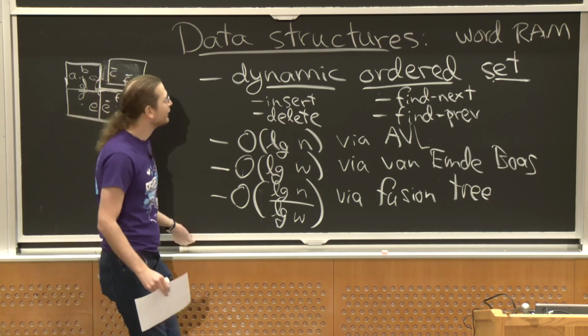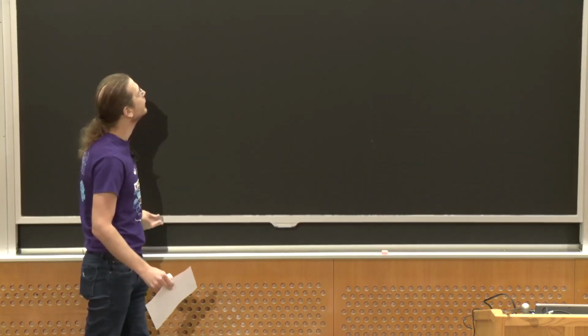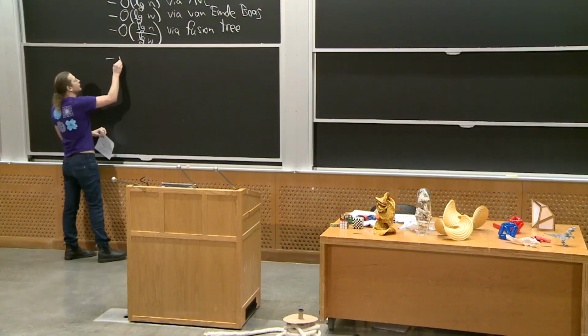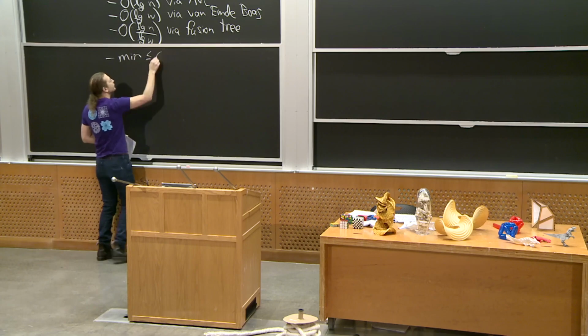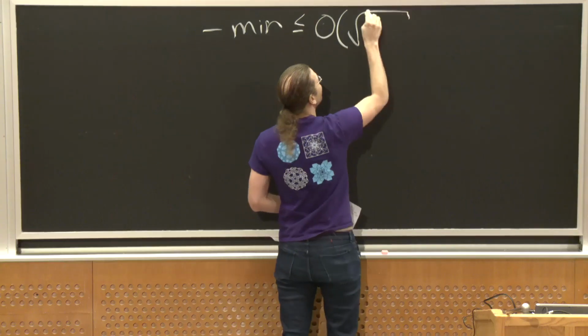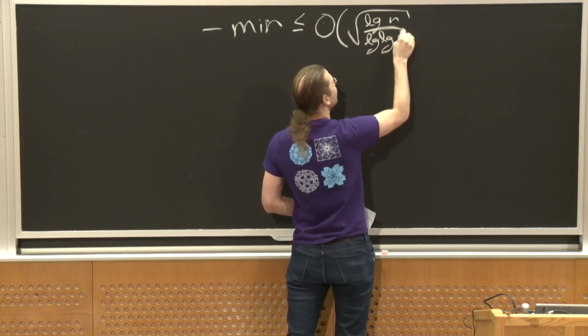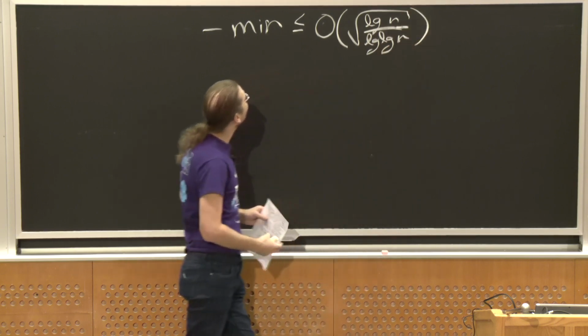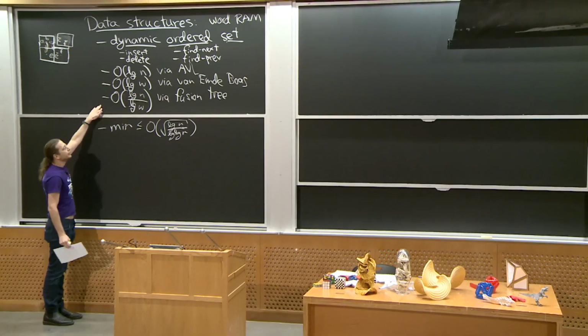And in particular, the min of those two things is at most, I think it's square root log n over log n. If you want to bound just in terms of n, then the crossover point between these two is this place.